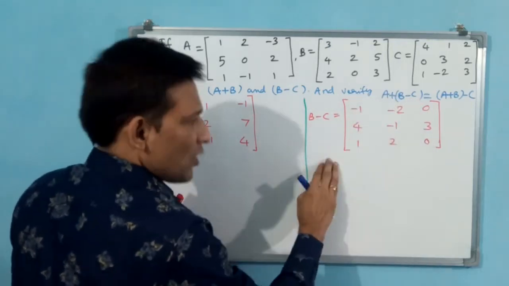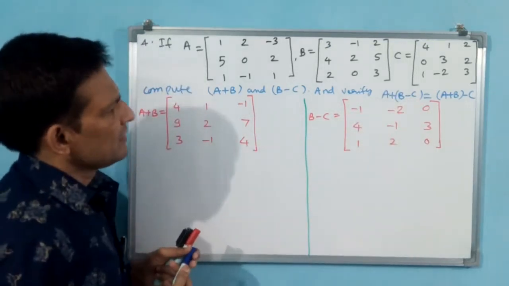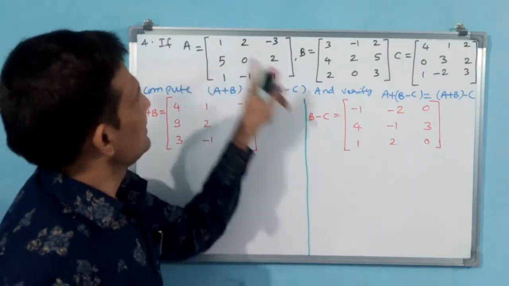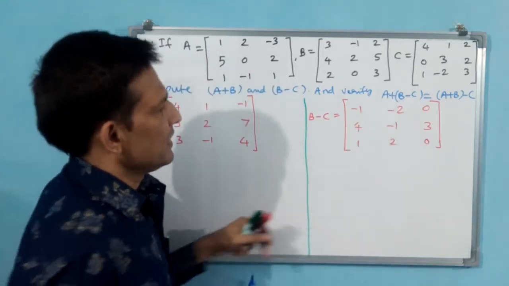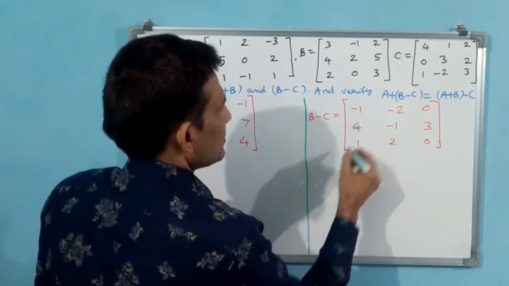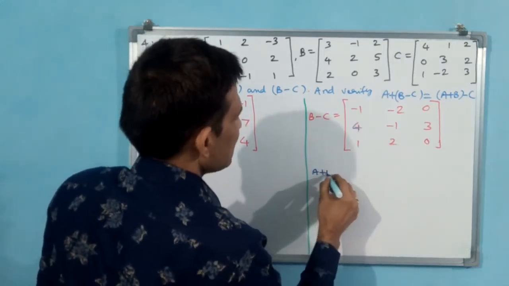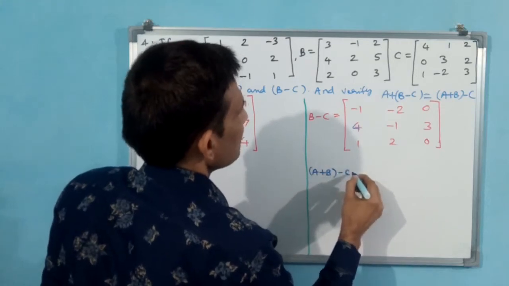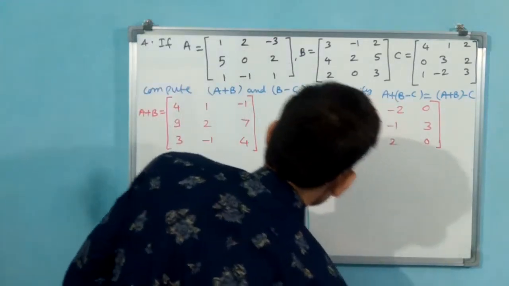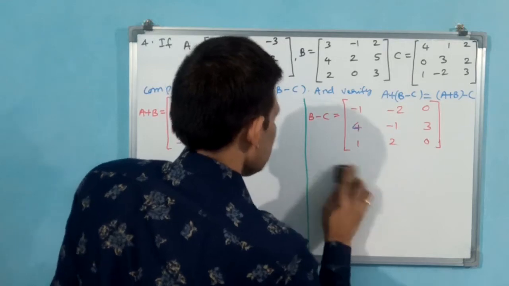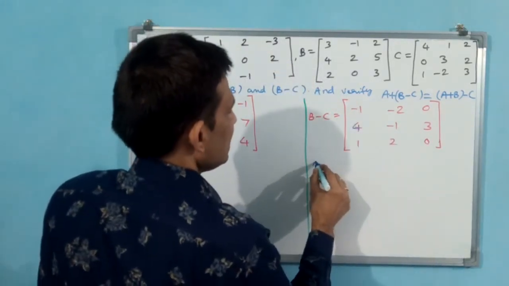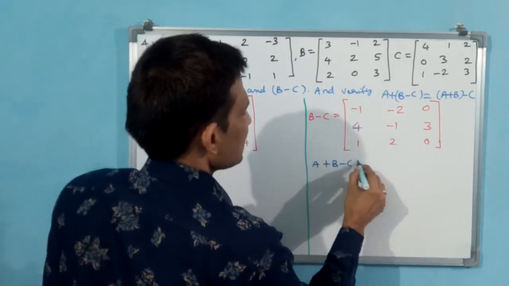Now we write both separate, or else directly also we can write A plus B minus C. Okay, write down A plus B minus C. Sorry, this one.